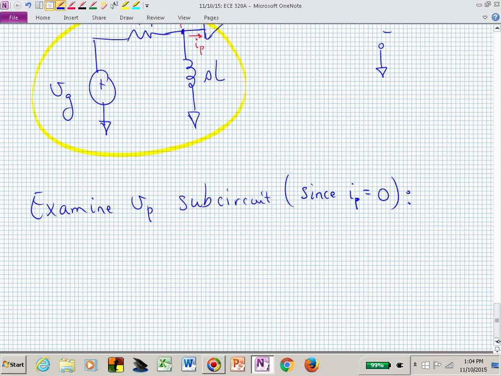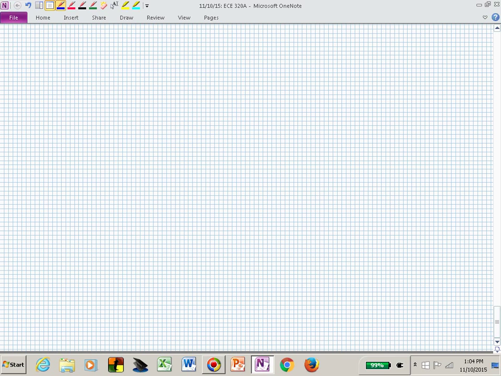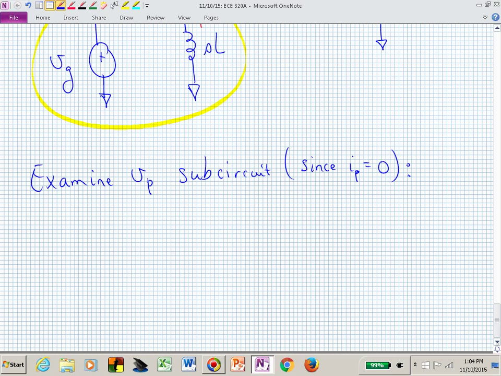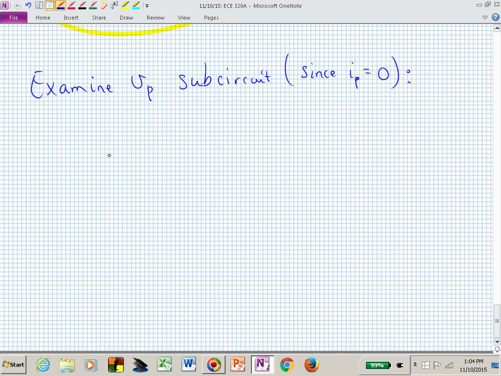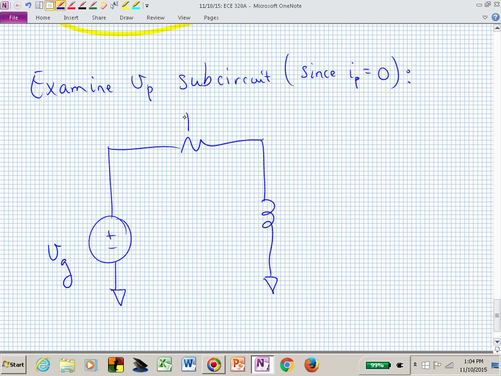Now if we wanted to re-sketch that piece or that subcircuit, here is V sub G, here is R sub 1, and here is SL, and we now want to know that's really the V sub P in our circuit.